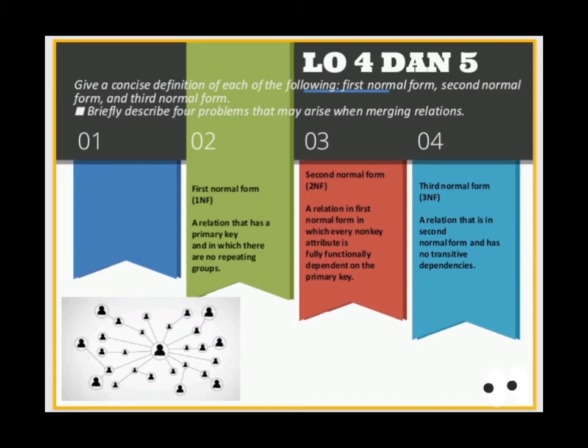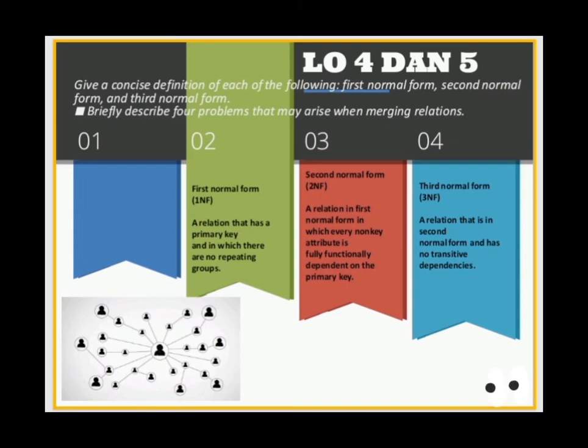Before we go to the first normal form, we have to go back to normalization. Normalization is a formal process for deciding which attributes should be grouped together in a relation so that all anomalies are removed. And first normal form, second normal form, and the third normal form are steps in normalization.